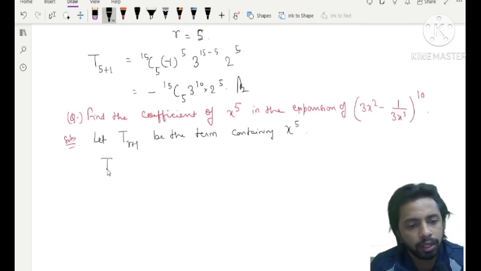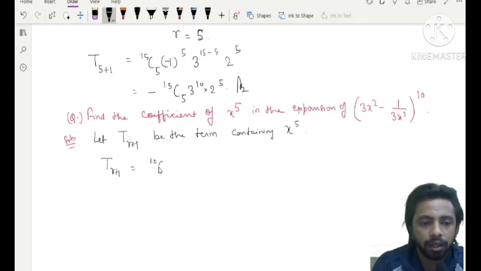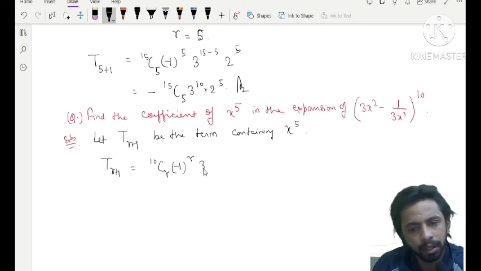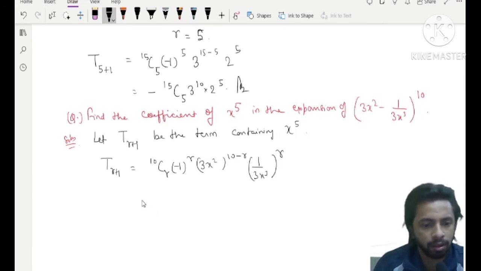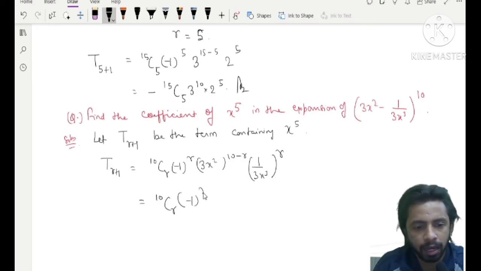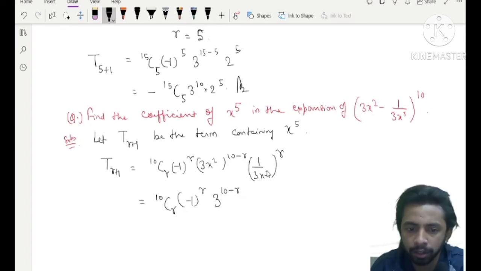So here t(r+1) will be 10Cr (-1) raised to the power r, a to the power n minus r, and b to the power r. So quickly we will calculate this: 10Cr (-1) to the power r, and we will have 3 raised to the power 10 minus r, and in the denominator also 3 to the power r is there.